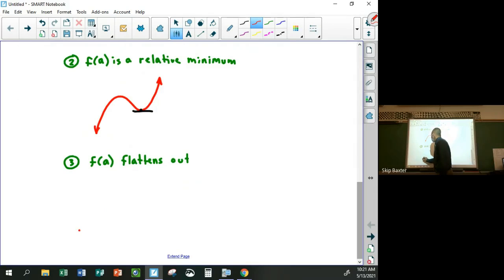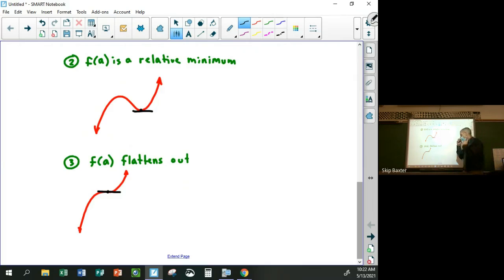If you picture the graph of x cubed, it flattens out just for a second and then continues on its way. Right at that spot, if you zoom way in, it would be a horizontal line, right? That's what the tangent line is. It's the line that best approximates the function if you zoom way in.